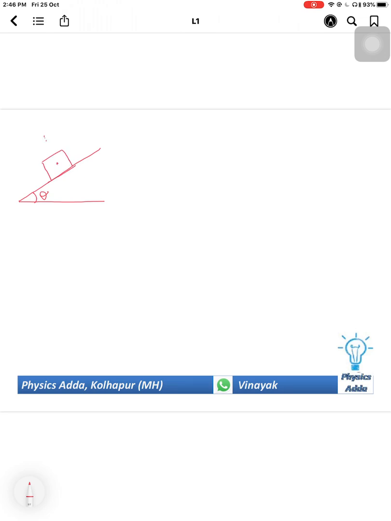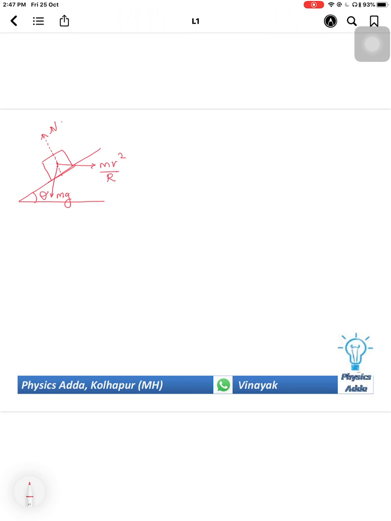The first force is normal reaction, acting away from the block or perpendicular to the surface. There is a centrifugal force mv square by r, then we have mg or force due to gravity.